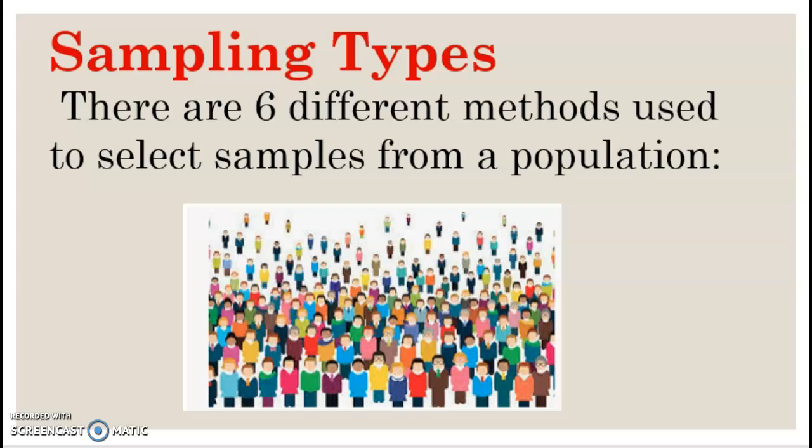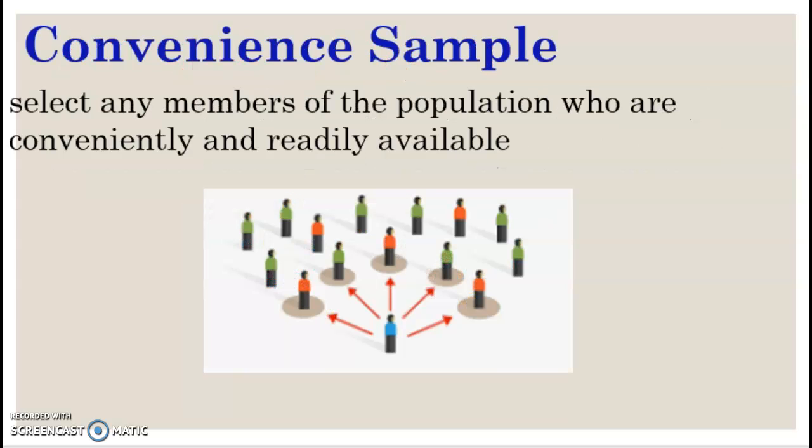First, I've got those right here. Sample types. There's 6 different methods used to select samples from a population. I use these because they had really good pictures that you can really see what they're talking about. A convenience sample: you are selecting any members of the population who are conveniently and readily available to you.